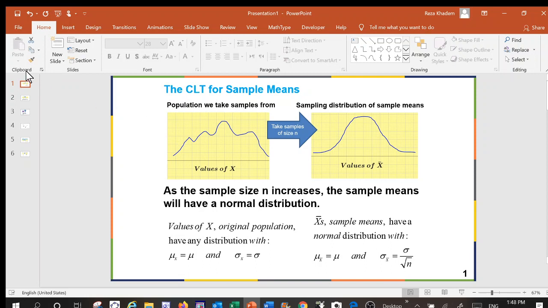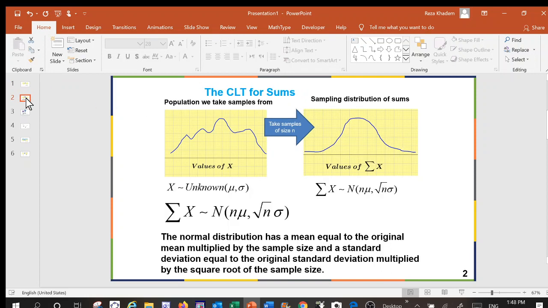Now we also talked about the fact that the mean is not the only thing you can calculate from the sample. You can take samples and calculate the sum of the samples. Let's say we are interested in the average height of San Jacinto College students. Then we take samples and calculate the average. What if you're interested in the sum of the weights or the heights of the sample of the students?